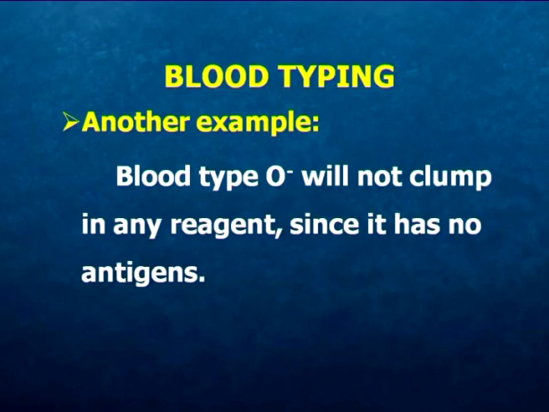So it gives clumping with the reagents having anti-A antibody and anti-B antibody. Now, in the case of blood type O, O will not clump either in the reagent with A antibody or with the reagent B antibody. Why? Because there are no antigens to interact with these antibodies on the RBC of O type.